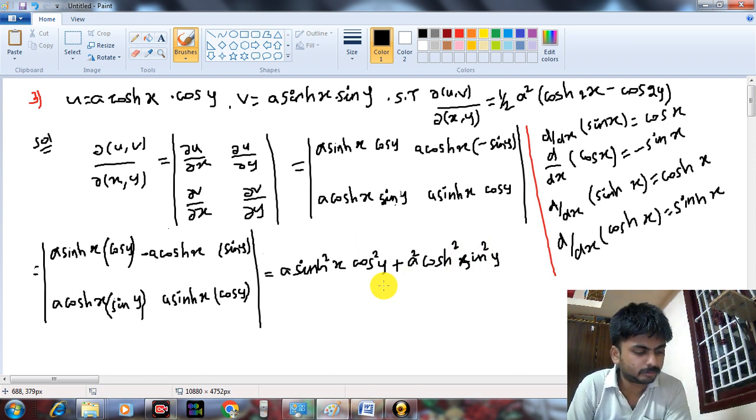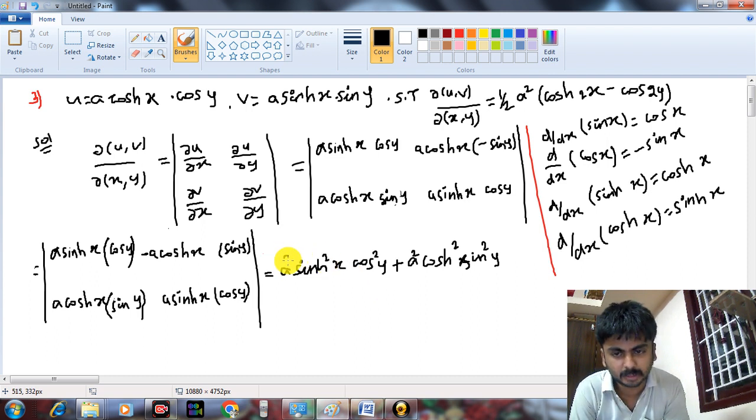So now we have to apply the formula. One thing is cos square y and another thing is sin square y, and both these have some formula. In the same way we will have formula for sin h square x, cos h square x, everything. So here we shall take a square outside.